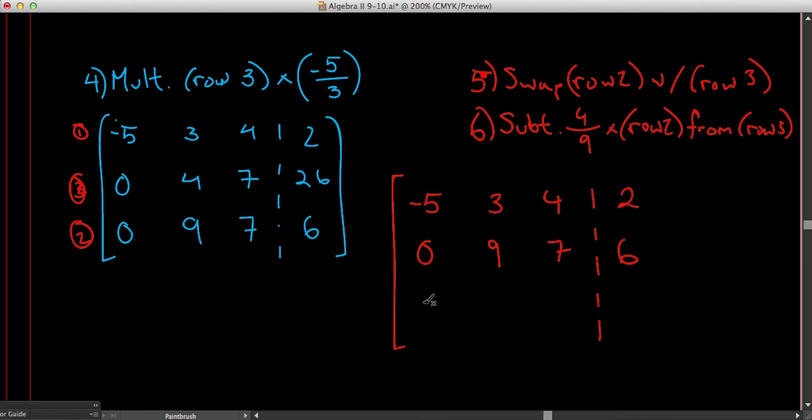And then if we now subtract 4/9 times that row from row 3, we'll now eliminate this 4 that was here.